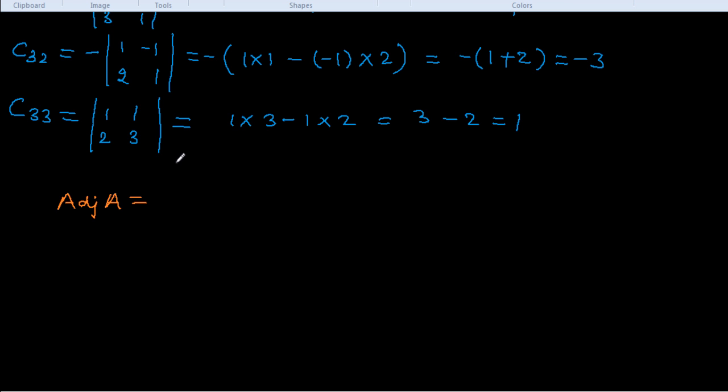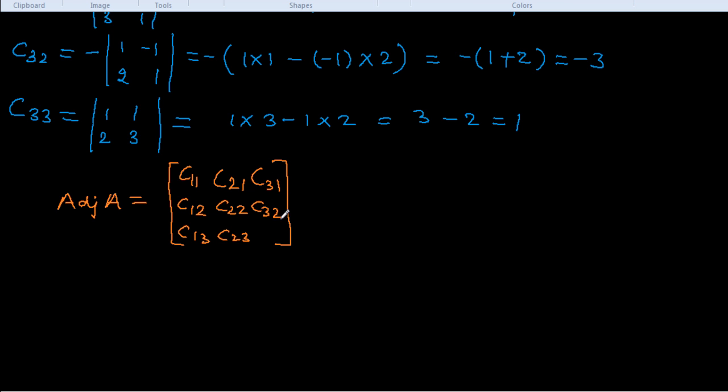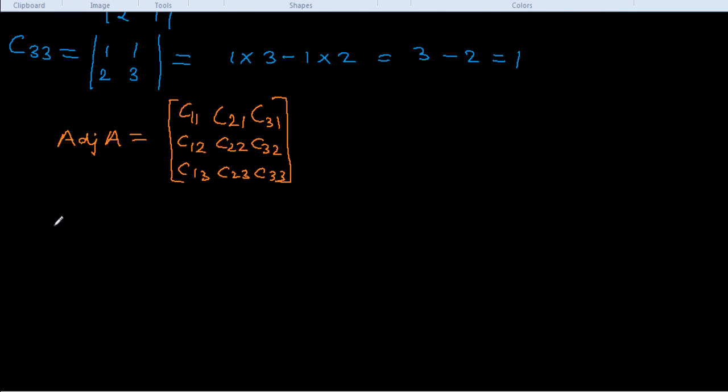So in this matrix we write C11 here, it is the transpose matrix, C12 C13. We don't have to write in this way. It is the transpose matrix: C21 C22 C23 C31 C32 C33. In this way we have to write. So we get the adjoint A here.